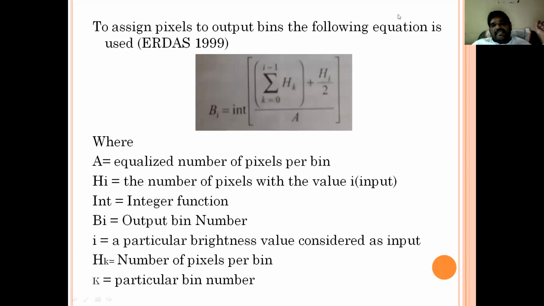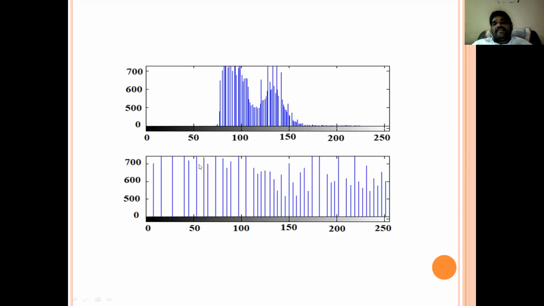After that, this is the formula to equalize the histogram, to assign the pixels to output bins. And here is the formula you must remember. And the next one, this is the output.